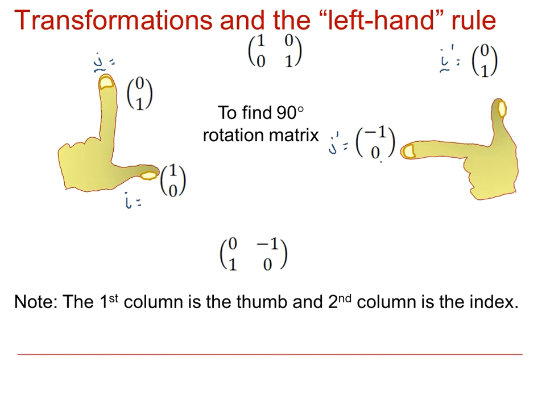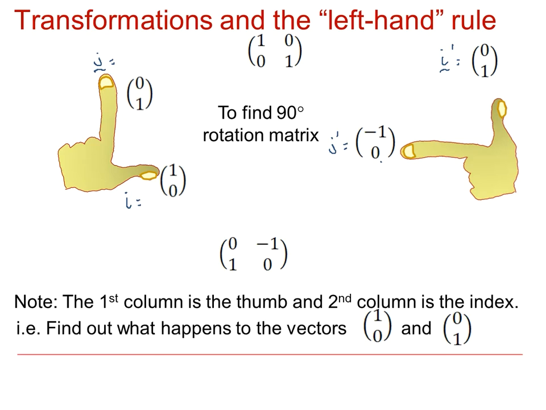So the first column is the thumb, the second column is the index finger. So we're looking at the vectors (1, 0) and (0, 1). Now sometimes to do this you have to be a little bit of a contortionist. So rather than actually using your hand, it's quite straightforward just to consider what happens to the vectors by drawing a little diagram.